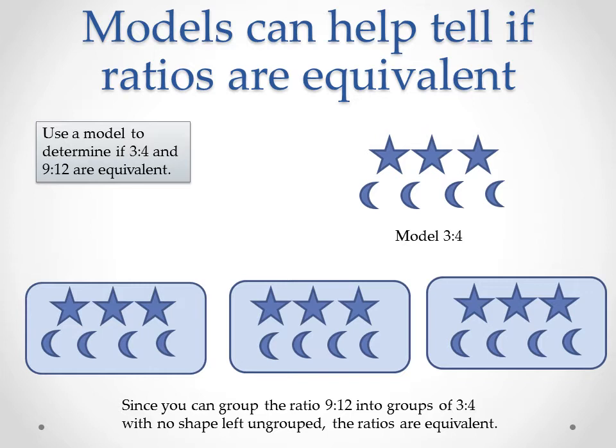If we can group those into groups of 3 stars and 4 moons and not have any shape ungrouped, then we can prove that the ratios are equivalent. So as you see in the bottom picture, we have our 9 stars and our 12 moons, and we were able to make 3 groups of 3 to 4. So this means that the ratio 3 to 4 and the ratio 9 to 12 are equivalent to each other.